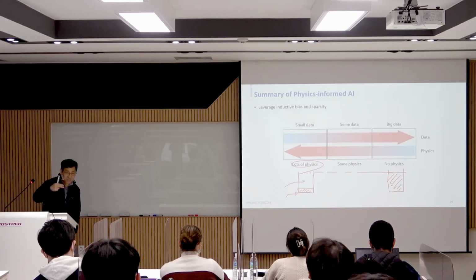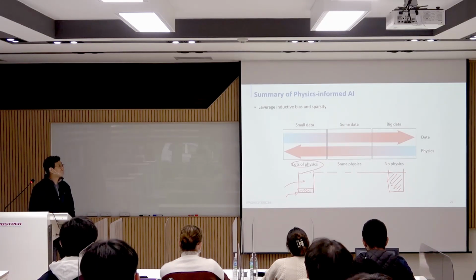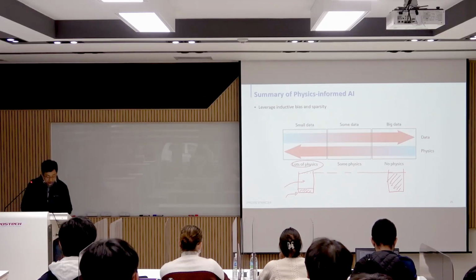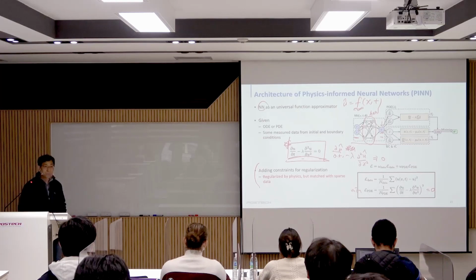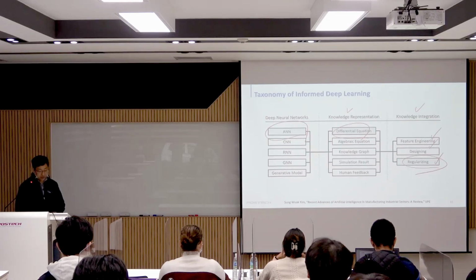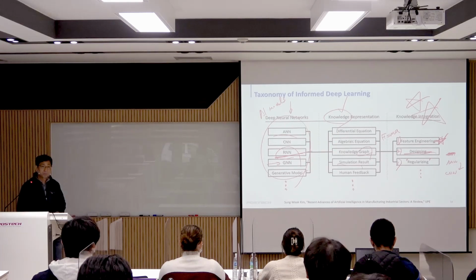I would say prior knowledge that makes sense, and how do you integrate it? There are many ways, but I guess this one is the most typical way of combining physics into the networks. But that's not the only one. There are many.